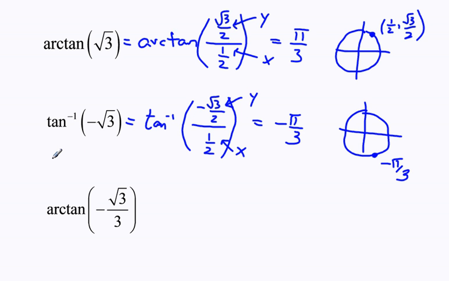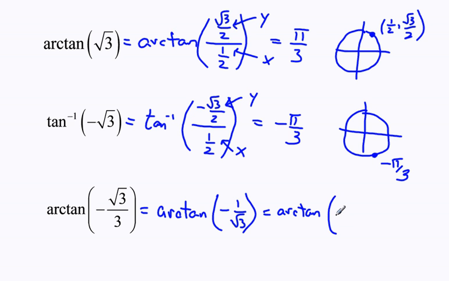Now, when we've got negative root 3 over 3, that's a little trickier to split into a fraction. So it first helps to rationalize the denominator. So this is the arctan of negative 1 over root 3, which equals the arctan of, we're going to keep the negative on top, negative 1/2 over root 3 over 2.